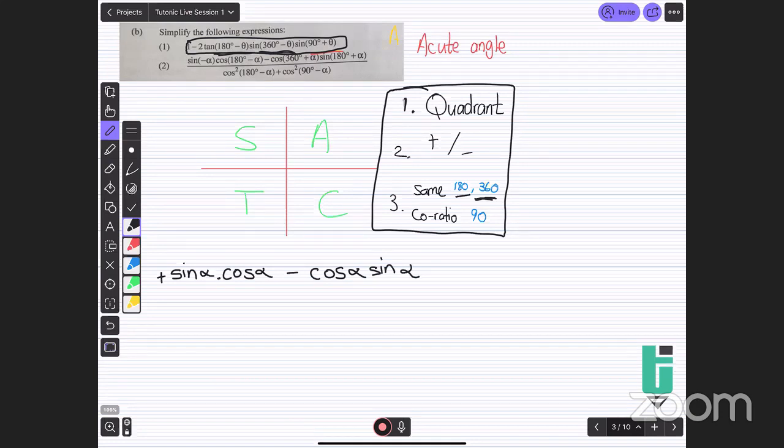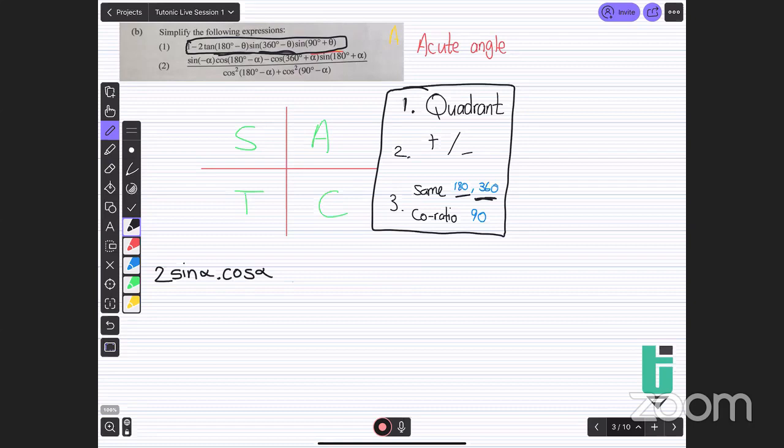Did you make a mistake? Sine should be negative. Sine's negative, so it's not positive, so it's going to be plus. So then it will be 2 sine alpha cos alpha, because you're adding it.